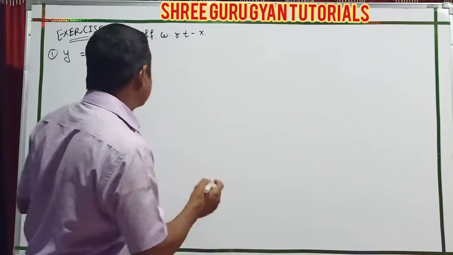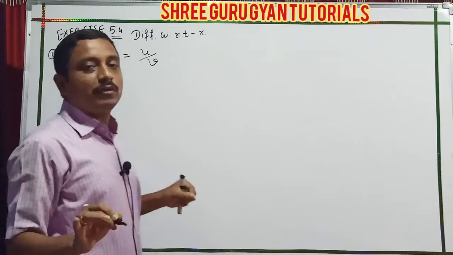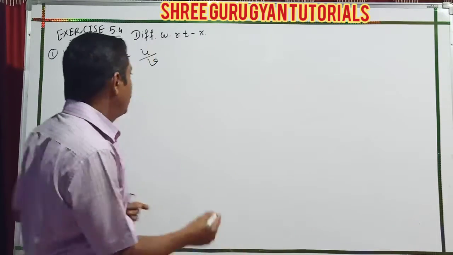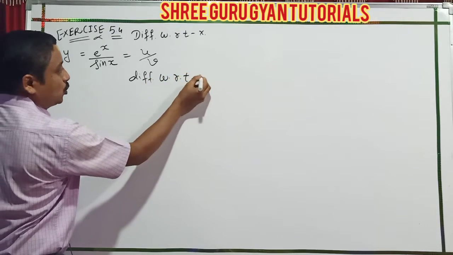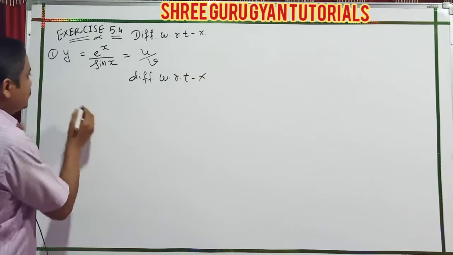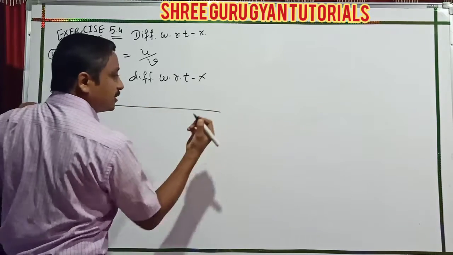Students, here just take the numerator as u and the denominator as v. So I go to our division rule and differentiate with respect to x, so dy by dx. What is the division rule?